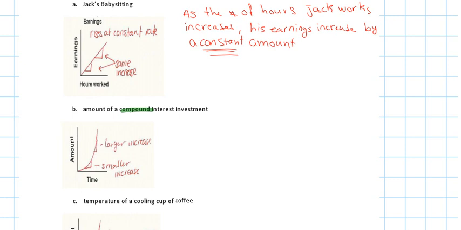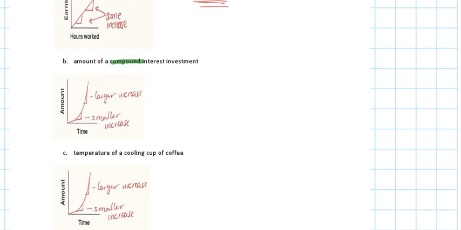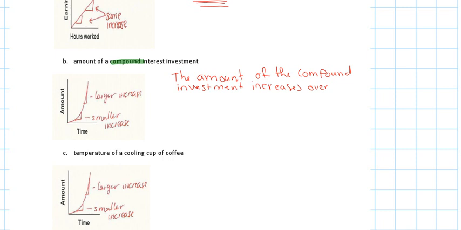Okay, so we're going to say that the amount of the compound interest investment increases over time slowly at first.